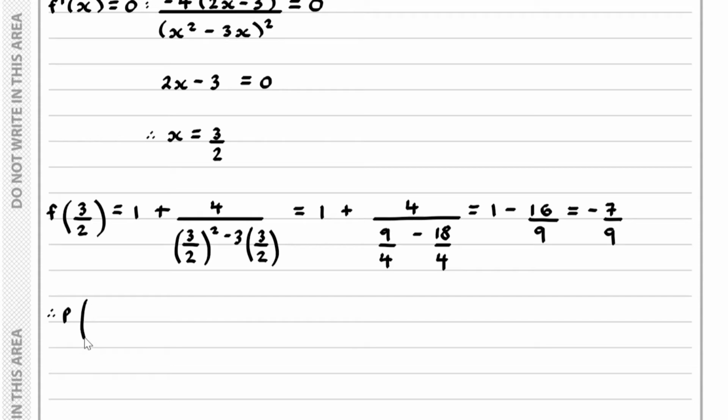So the coordinates of P, we have 3 over 2, negative 7 over 9. Here is the coordinates of P.